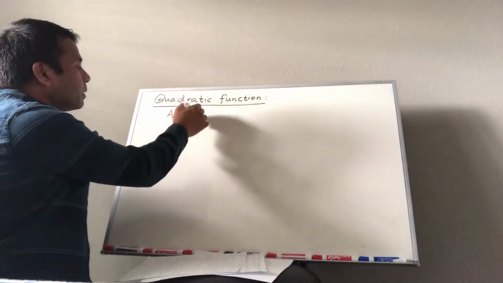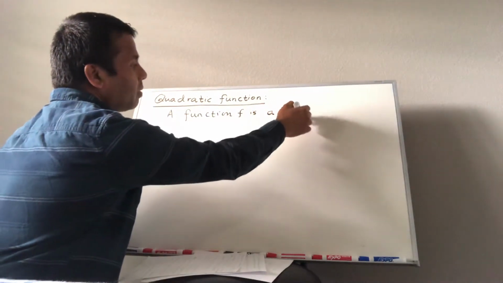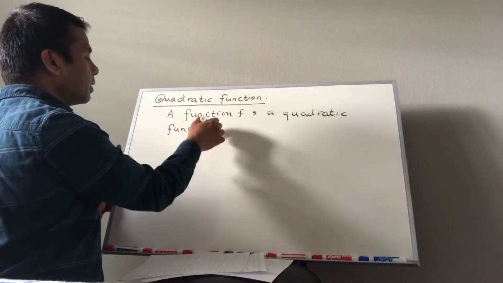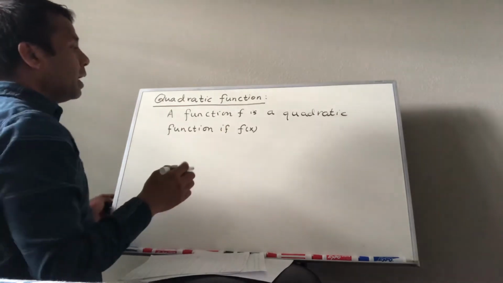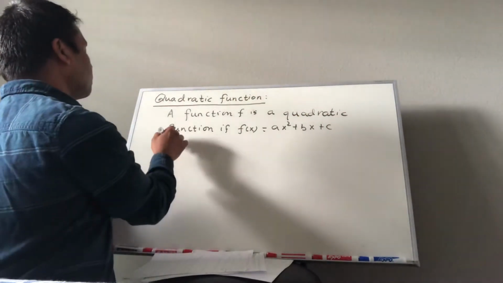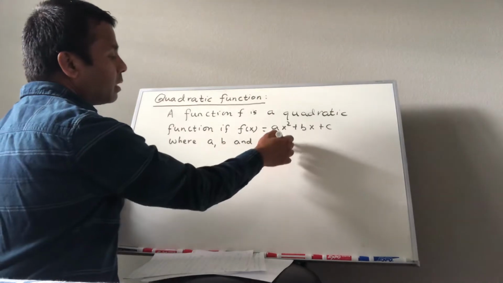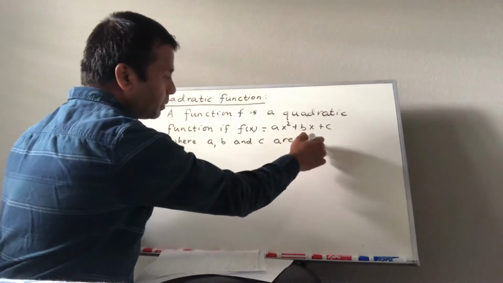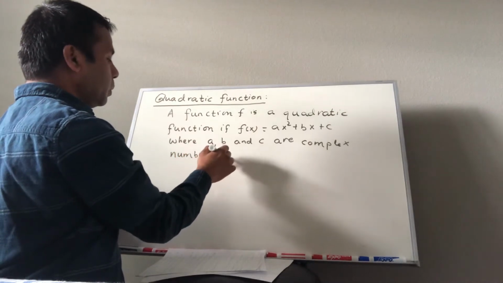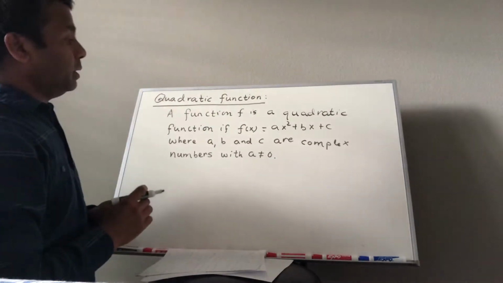A function f is a quadratic function if f(x) equals ax squared plus bx plus c, where a, b, and c are complex numbers with a not equal to 0, right?